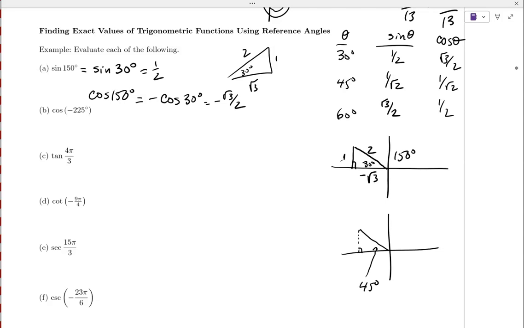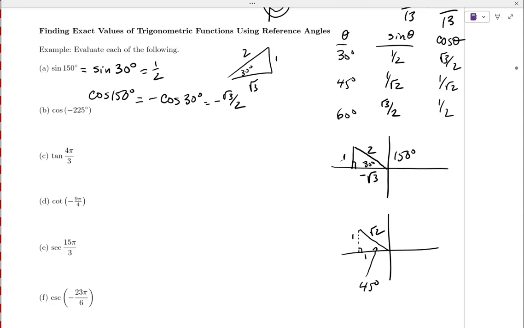Now instead of a 30, 60, 90 triangle, your reference triangle is a 45, 45, 90 triangle, right? How do you label your sides in a 45, 45, 90 triangle? Yeah, 1, 1, root 2. That's how we label the sides. Do I need to put pluses and minuses on one or both of them?